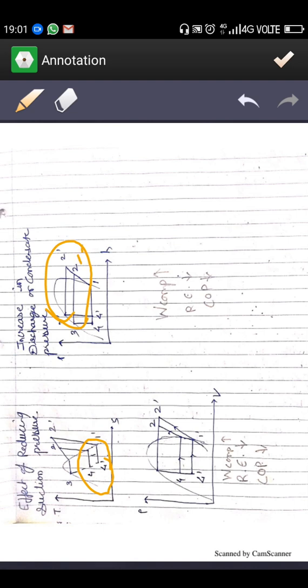So this is the increase in discharge pressure, and the effects are already written here: work done on the compressor increases, the refrigerating effect decreases, and the COP of the system also decreases. And the effect of reducing suction pressure is that compressor work increases, refrigerating effect decreases, and coefficient of performance also decreases here.